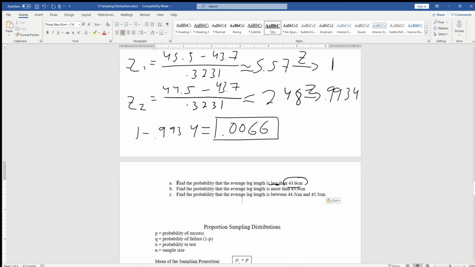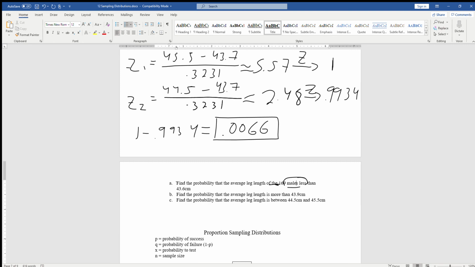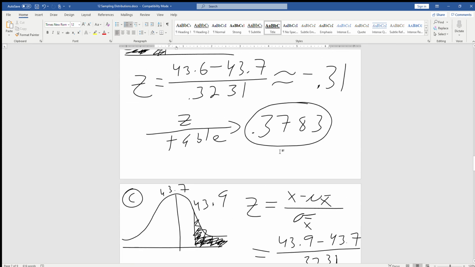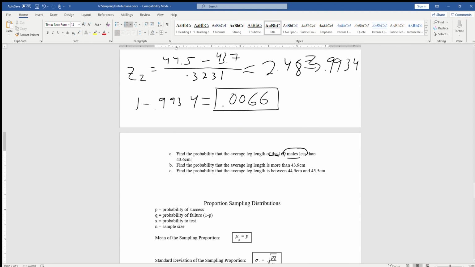The probability that the average leg length of the 169 males is less than 43.6 centimeters is 0.3783.